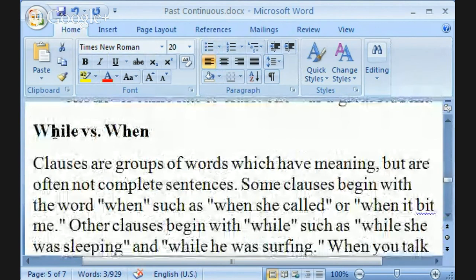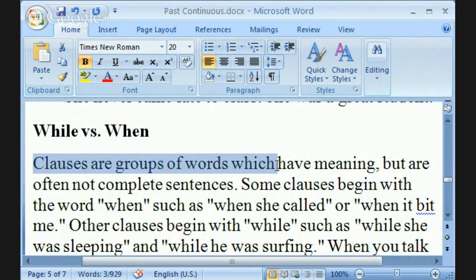Okay, quick review: while and when. All right, clauses. Groups of words which have meaning. Basically, they're like a sentence. An independent clause is a sentence. It can exist by itself as a sentence.